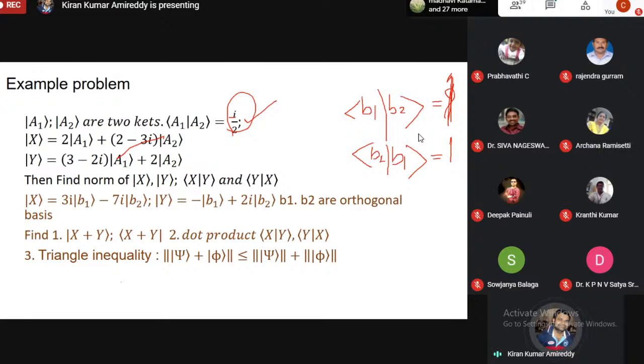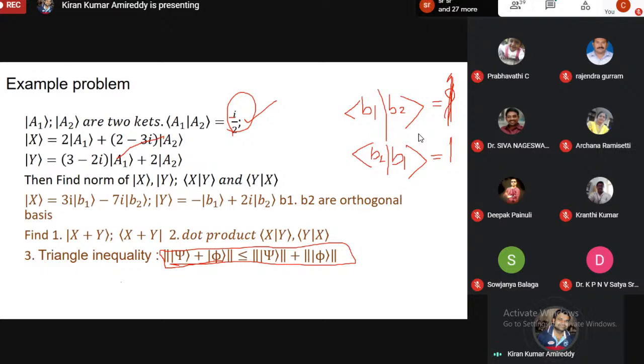Or else we'll quickly proceed to the triangle inequality. Can you prove this triangle inequality? So for that you need to have this one will be the x, this will be the y.